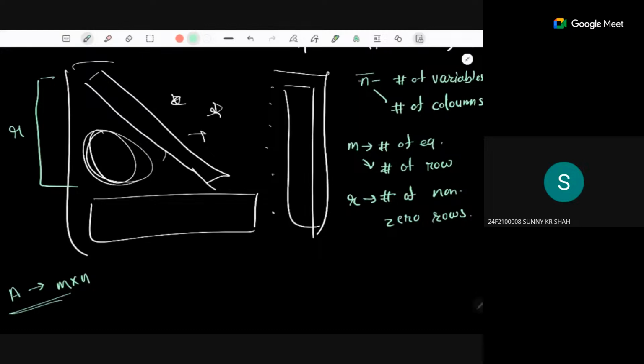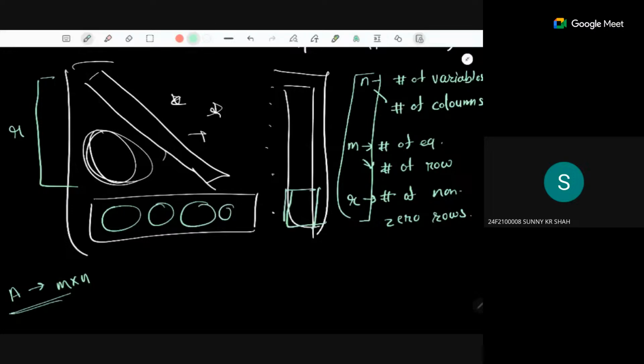Now using these three values and the constants related to zero rows, for example this zero row, by observing the values of those constants we can say whether our system of equations will have a unique solution, infinitely many solutions, or no solution. So we need to observe the value of n, the value of m, the value of r, and those constants which are related to our zero rows.